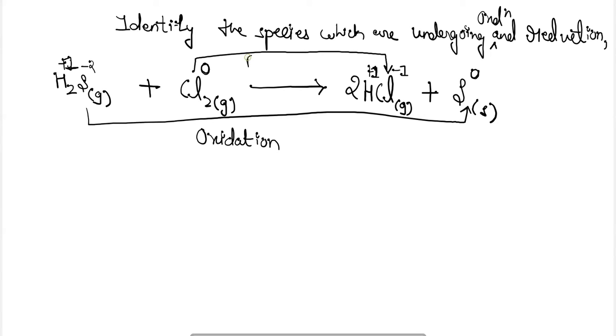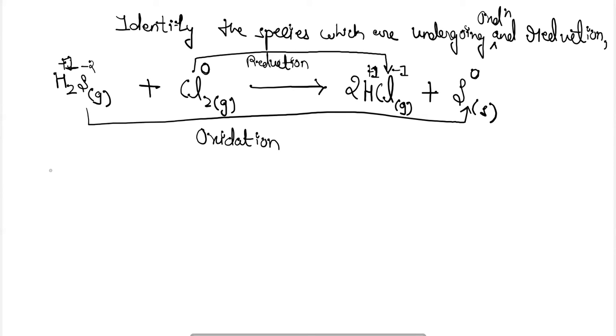So it means that a reduction in the oxidation state has been observed here, so it is a reduction reaction. The chlorine has been reduced here. Hence we have identified that sulfur is oxidizing here and chlorine is reducing here.